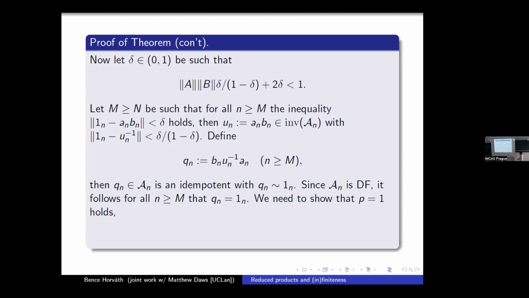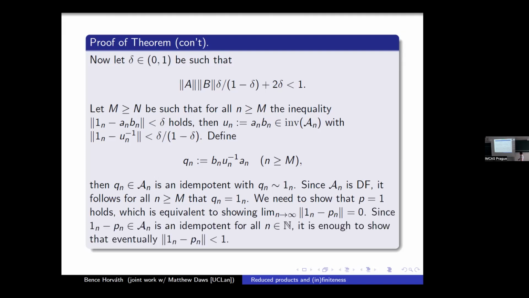What we need to show is that this P that we started with, which was equivalent to the identity in the quotient, the asymptotic sequence algebra, is indeed the identity, which means exactly showing this. If you have an idempotent P, then identity minus idempotent is also an idempotent.